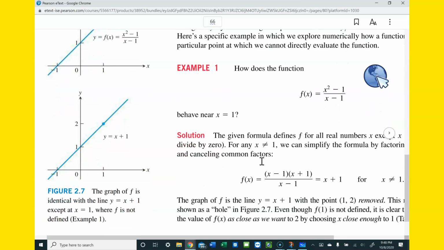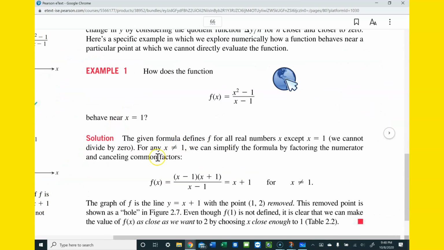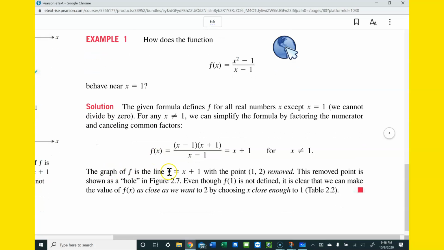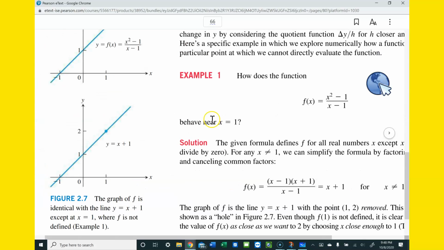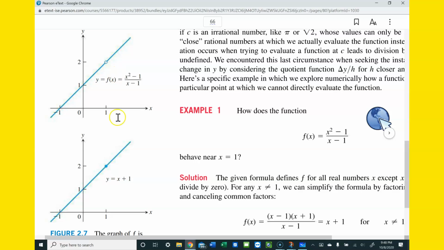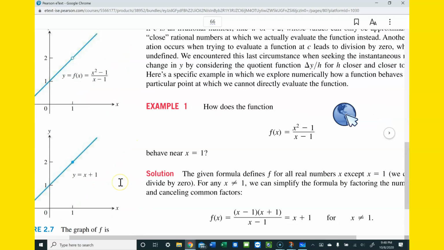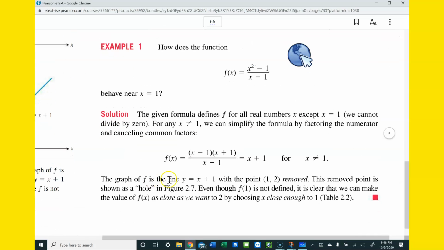So, how does this function behave near 1? It behaves just like this function. So we could just use this function, and let's just read this solution here. The graph of f is the line y equals x plus 1 with the point (1, 2) removed.